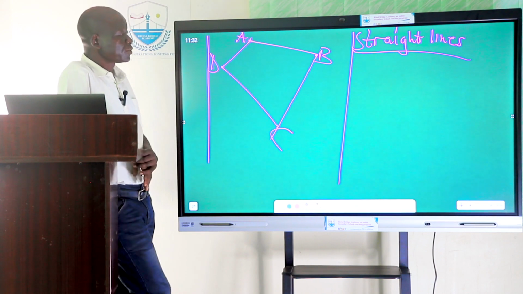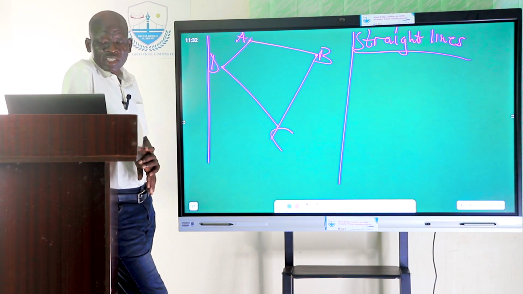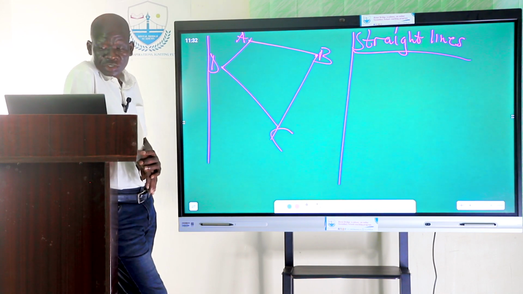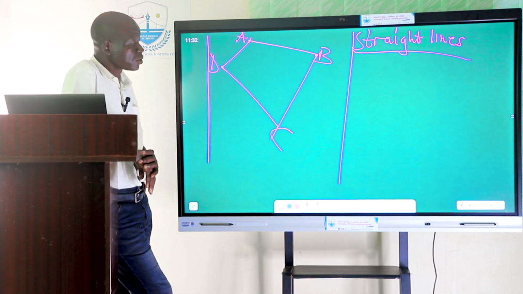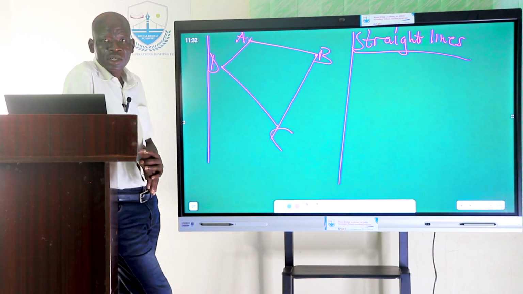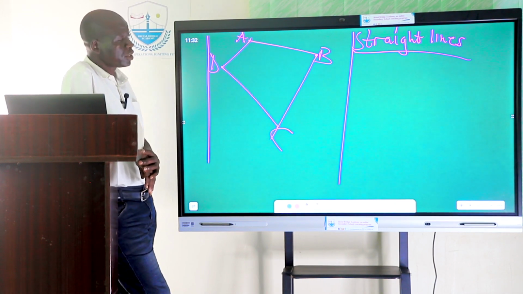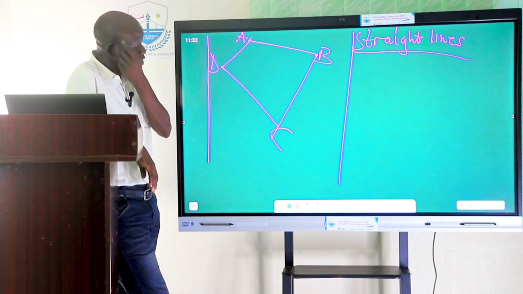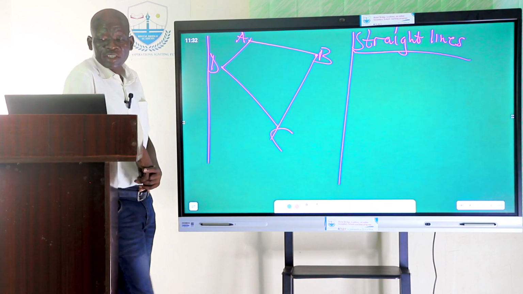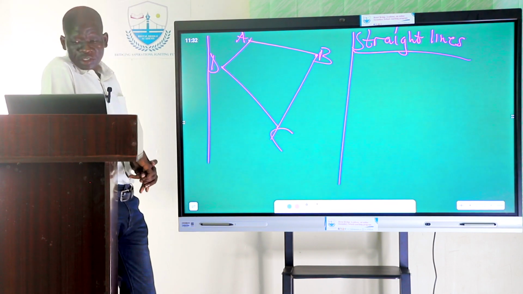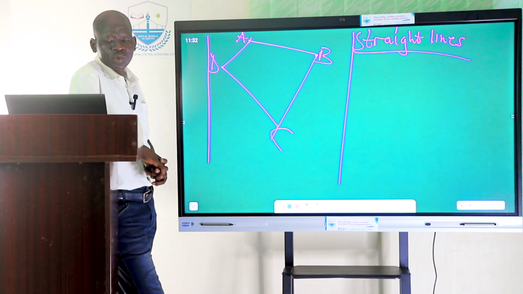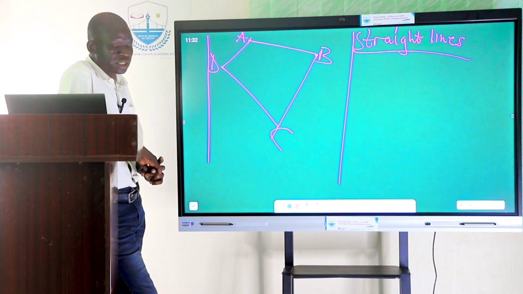So a straight line is a continuous infinite collection of points with no beginning or end, which lie in a particular direction. I repeat, a straight line is a continuous infinite collection of points with no beginning or end, which lie in a particular direction.